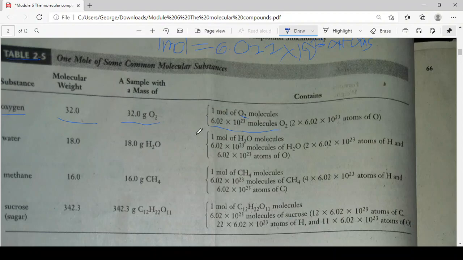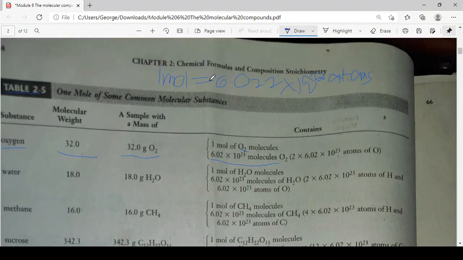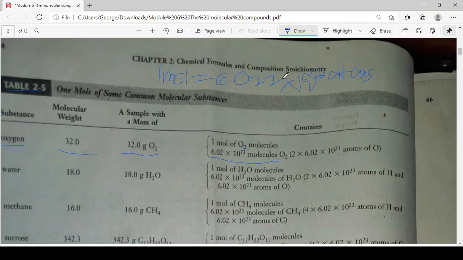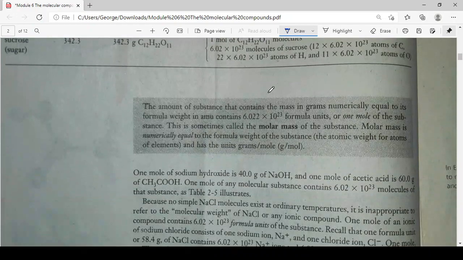So 1 mole is equivalent to 6.022 times 10 raised to the power of 23. The amount of substance that contains the mass in grams numerically equal to its formula weight in amu, contains 6.022 times 10 raised to the power of 23 formula units, or 1 mole of the substance.